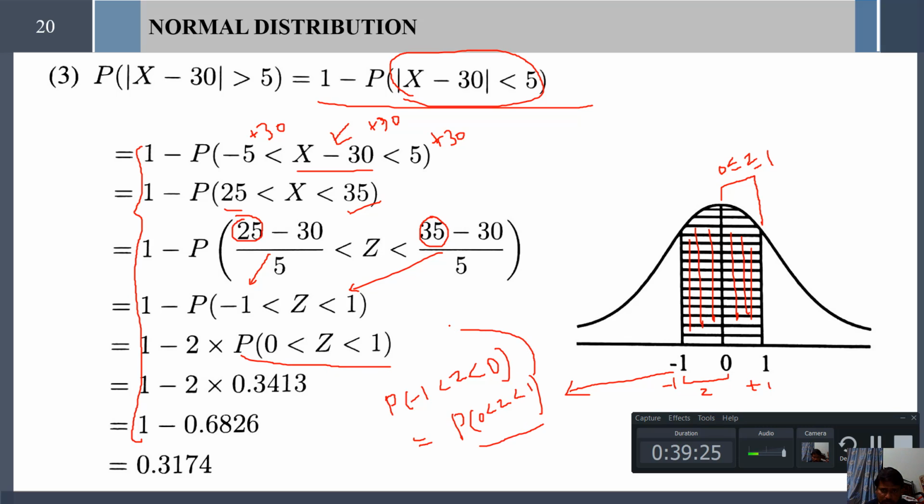So adding these two cases, we have 2 into probability of 0 less than z less than 1. So simply this can be written as 1 minus 2 into probability of 0 less than z less than 1.